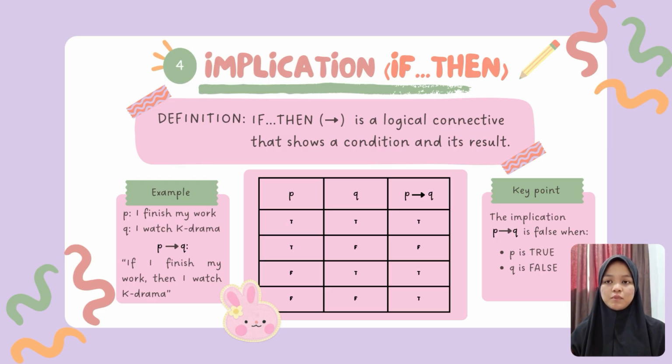So P implies Q means if I finish my work, then I watch K-drama. Looking at the truth table, the implication is false only when P is true and Q is false. This means the condition happens but the expected result does not happen. In all other cases, the implication is considered true. So that's all for the if-then logical connective. Thank you.